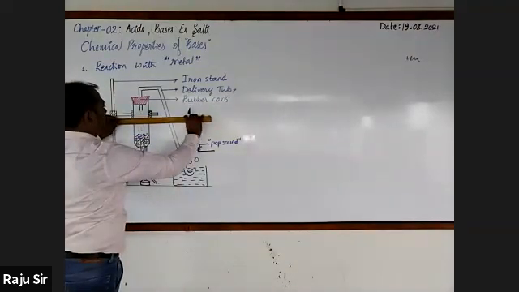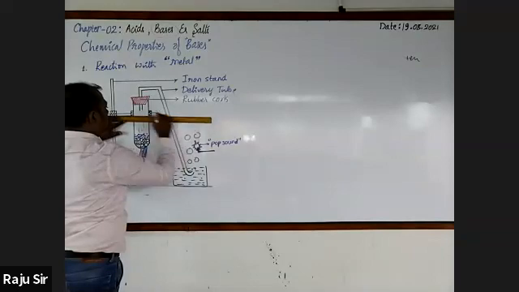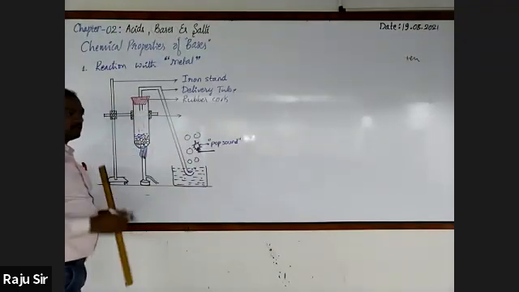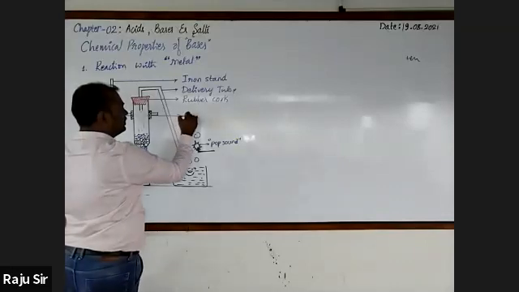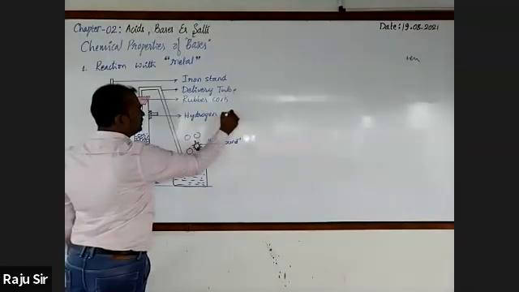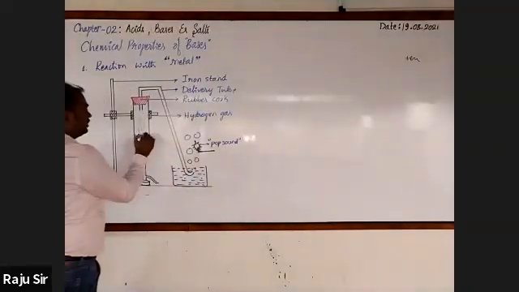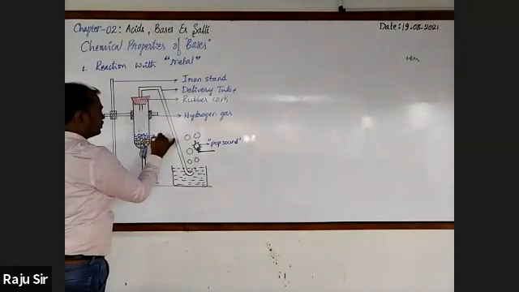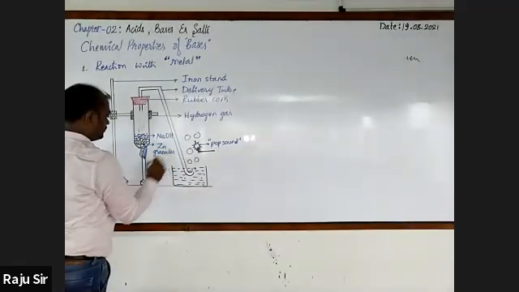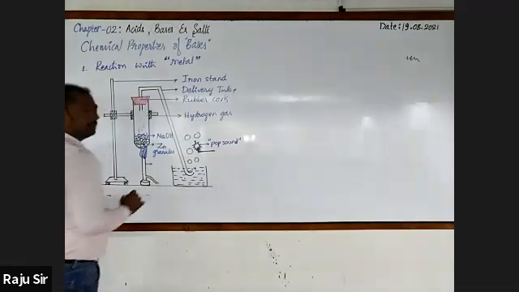Next. Could you tell what it is? Gas test tube. Let us write hydrogen gas. Here only I write sodium hydroxide, NaOH, and these are zinc granules. And this is a Bunsen burner.